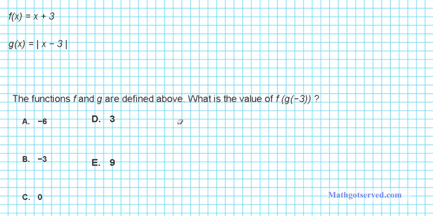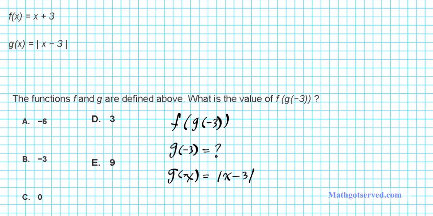All right? We have f of g of negative 3. Let's start from the inside. g of negative 3 is what? What is g of negative 3? So let's figure that out. g of x is the absolute value of x minus 3.